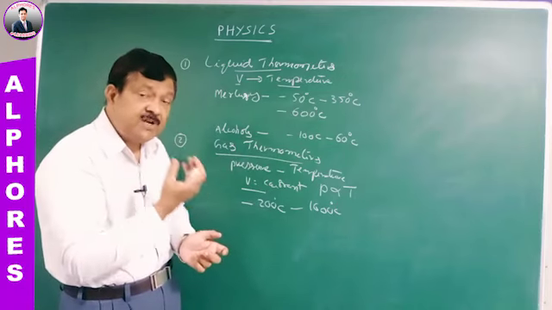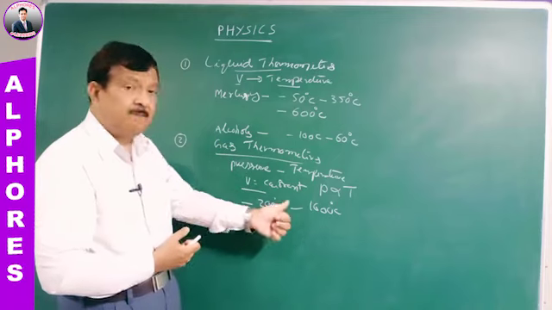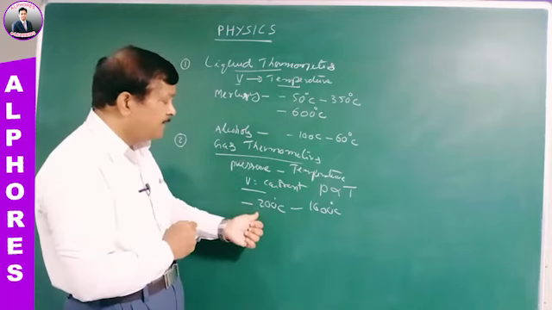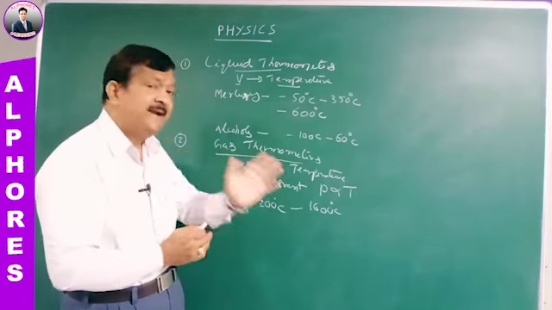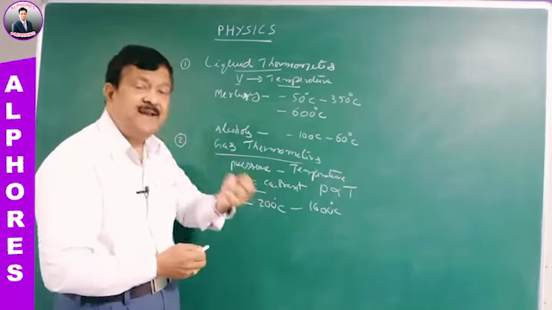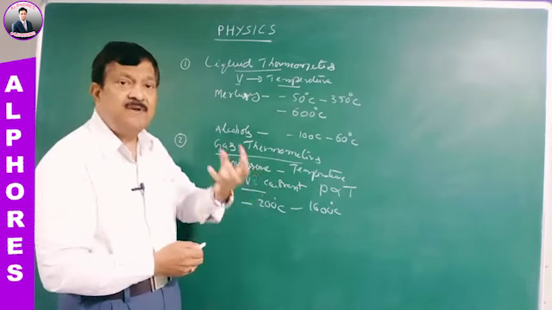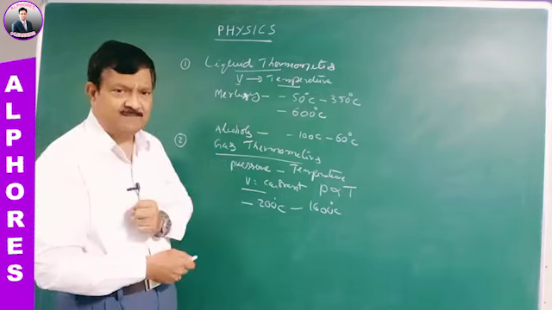So as the expansion of gas is very high, the sensitivity will be very high. You measure very accurately by using the gas thermometers. And the range is also very wide, and the sensitivity is also very high. That means you can measure very accurately.